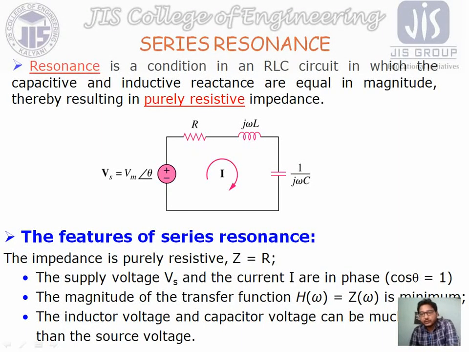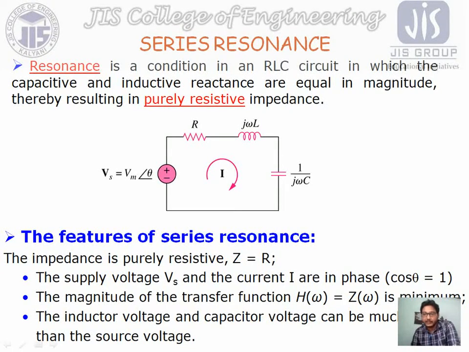So first of all, we are considering the series resonance. Series resonance means a circuit contains resistance, inductance, capacitance, all connected in series. And resonance means when the inductor and capacitor have the same effect on the circuit, and ultimately they neutralize the effect of each other, because as we know, the inductor tries to lag the current and a capacitor tries to lead the current.